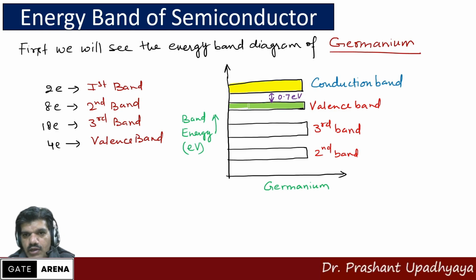This I'm drawing with green, so this is my valence band. A small energy is needed by the valence electrons to cross over to the conduction band, and even at room temperature some of the valence electrons may acquire sufficient energy and jump from the valence band to the conduction band.